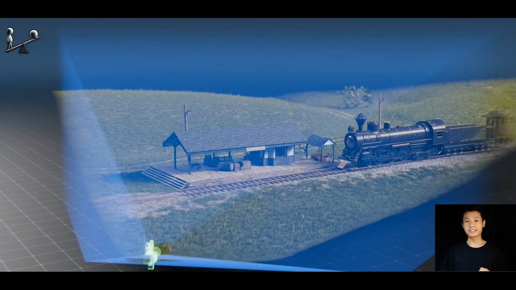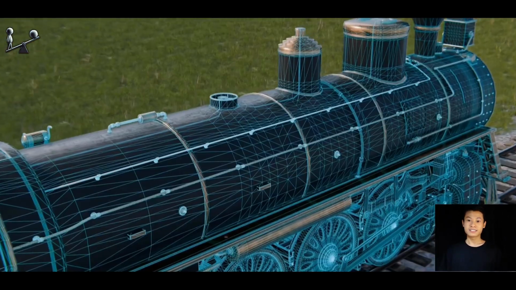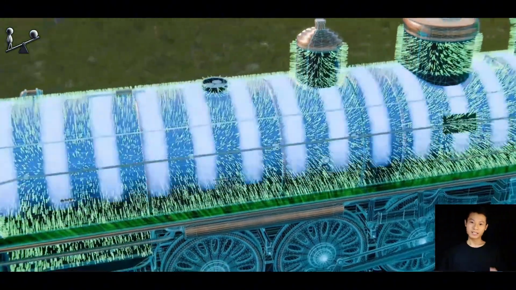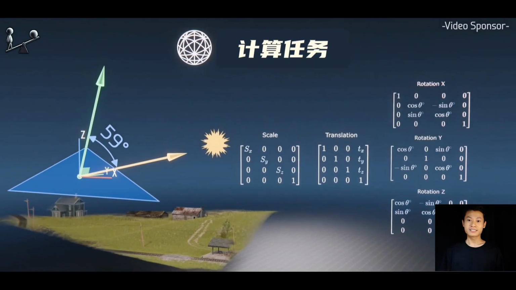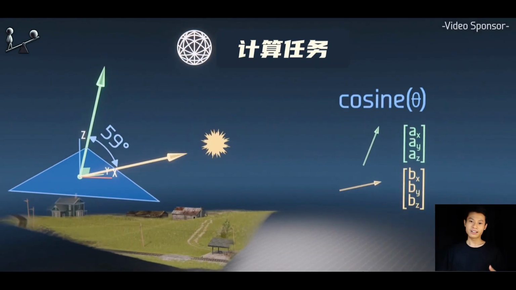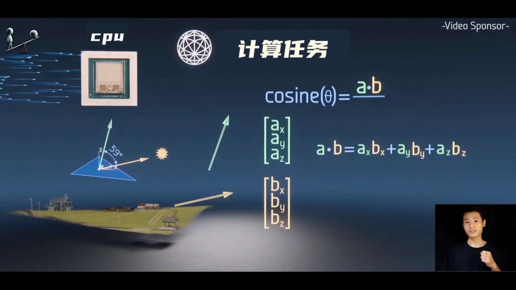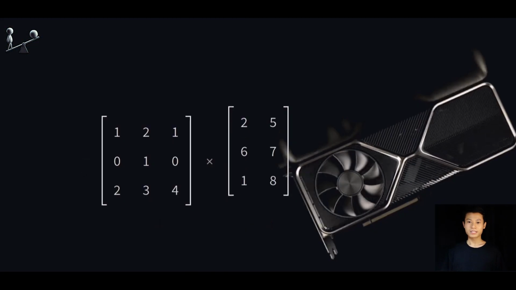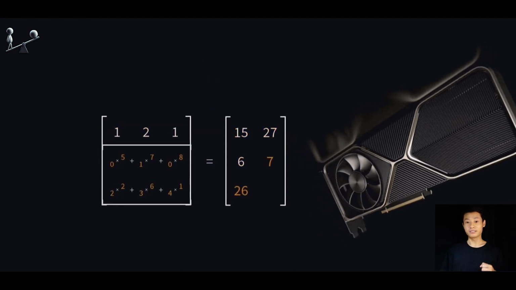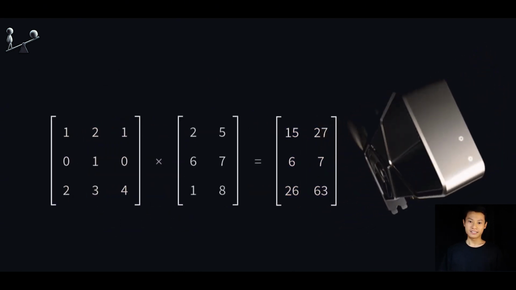However, in games, the scenery is usually quite complex, with hundreds of thousands or even millions of vertices needing to be computed simultaneously. These simple yet massive calculations don't necessarily have to use the CPU's resources. To free the CPU from these computational tasks, GPUs were created, designed specifically to handle simple parallel computations.